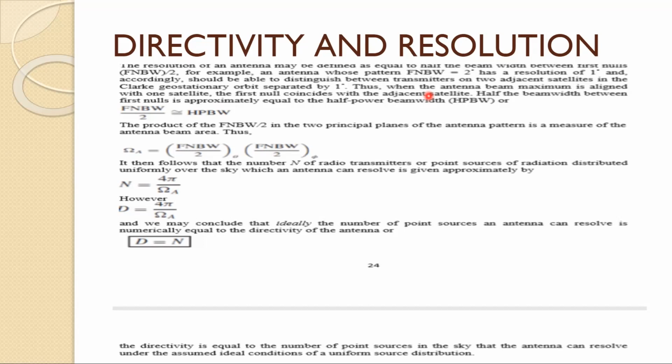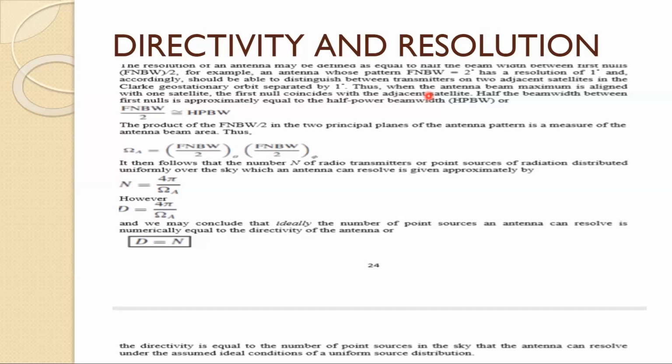Answer: 1 degree. When the antenna beam maximum is aligned with one satellite, the first null coincides with the adjacent satellite. Therefore, half of the beam width between first nulls is separated by the half power beam width.